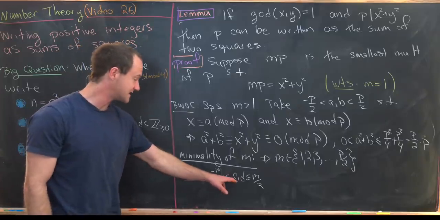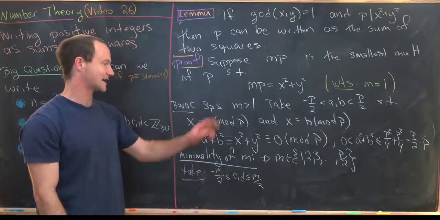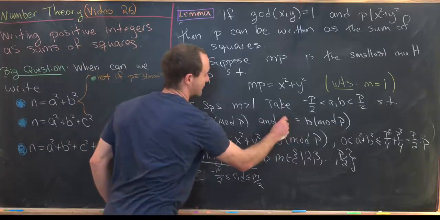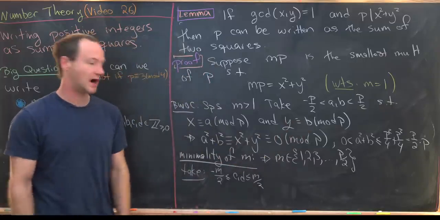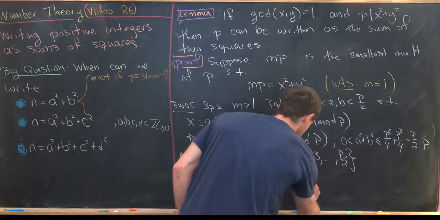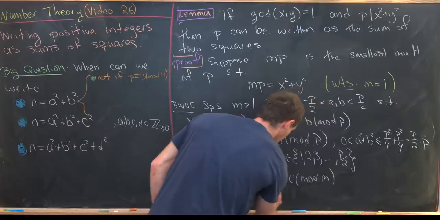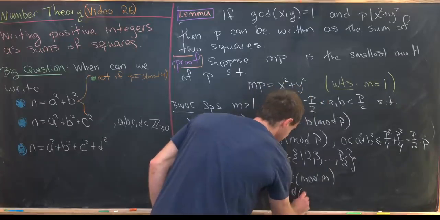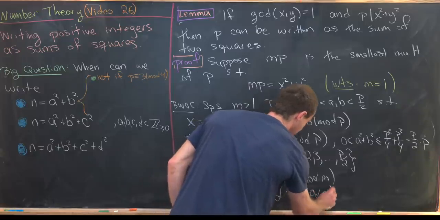And we want these guys to be congruent to x and y. I realize that should have been y mod m. So let's write that down. x is congruent to c mod m, and y is congruent to d mod m.